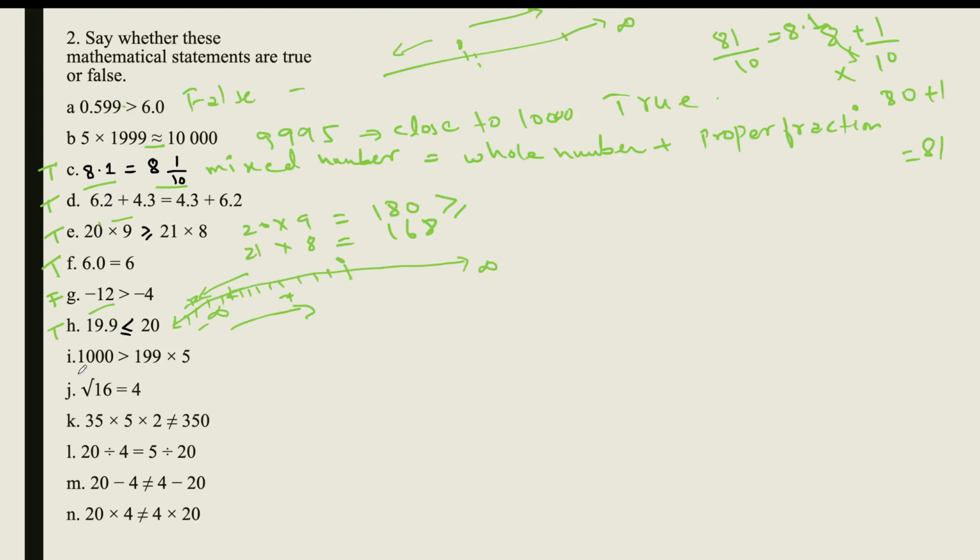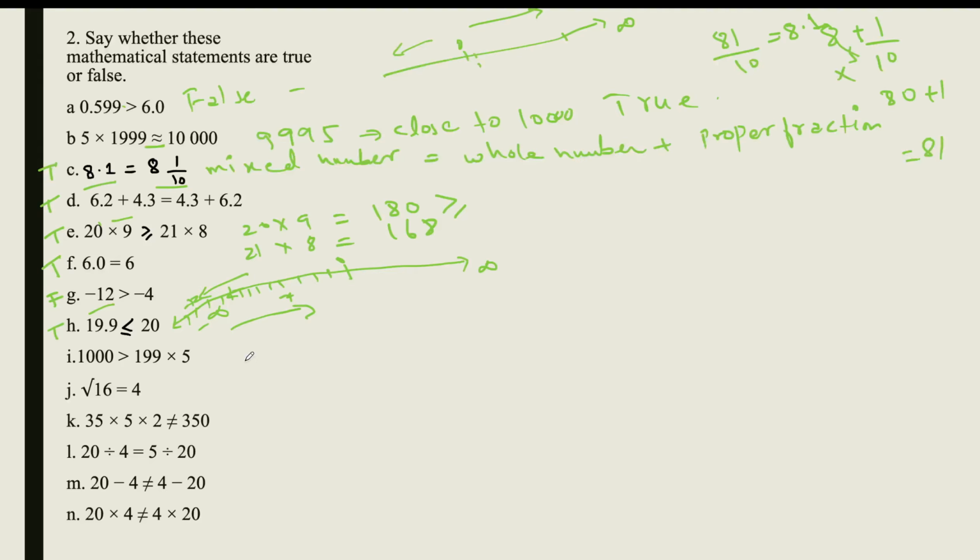The next part is 1000 is greater than 19 multiplied by 5.